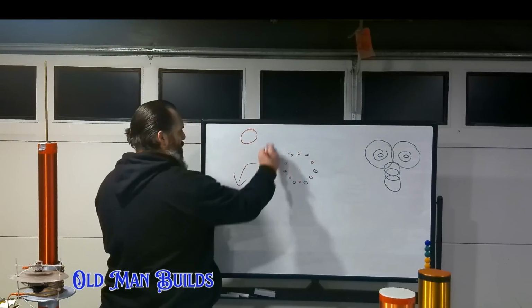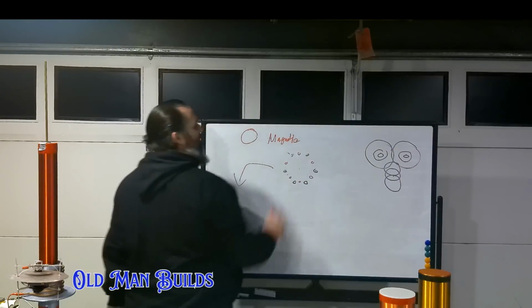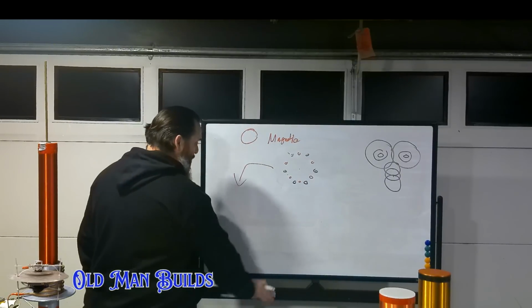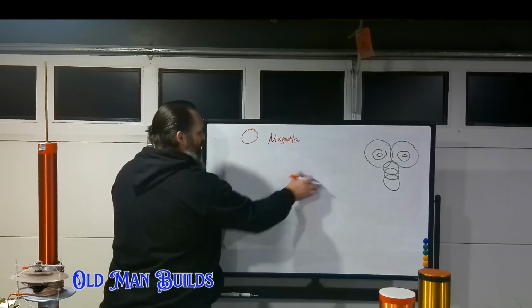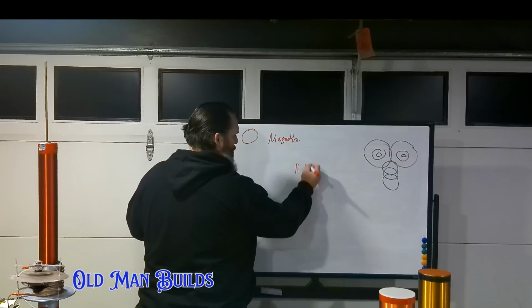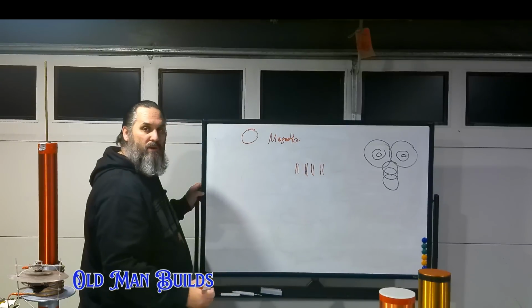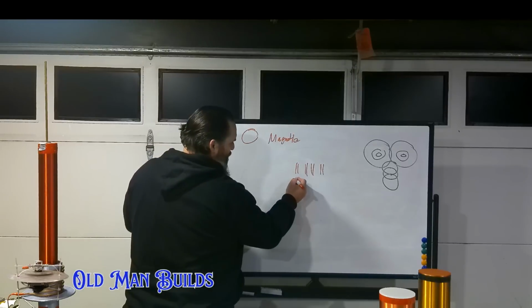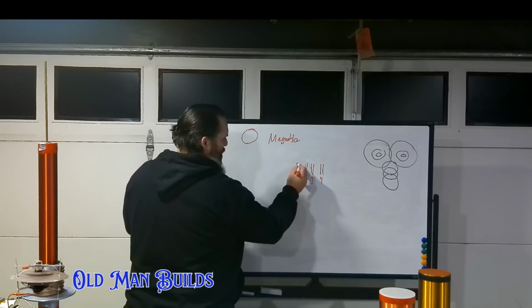Oxygen, magnetic. Okay? When Stan Meyer does it, he takes these tubes right here, runs it through them, creates a magnetic field.